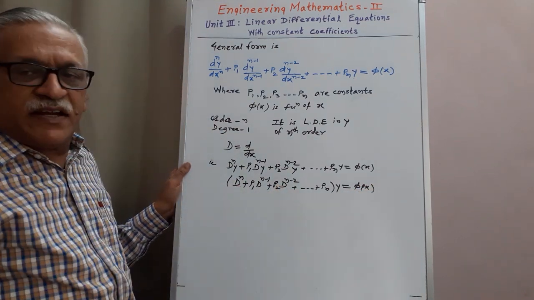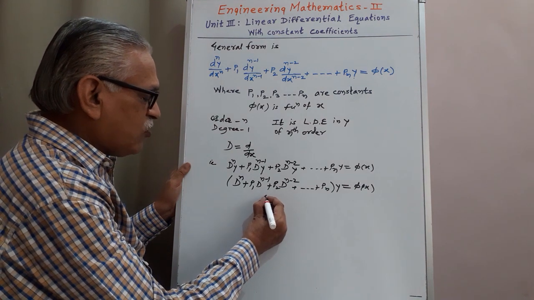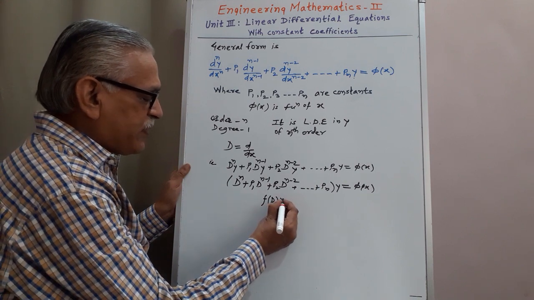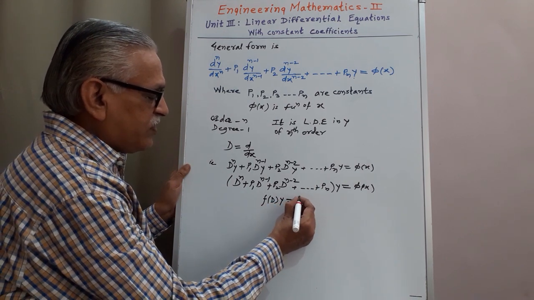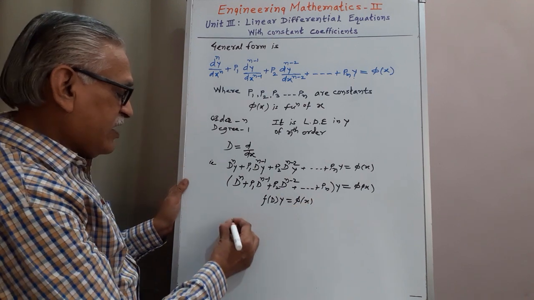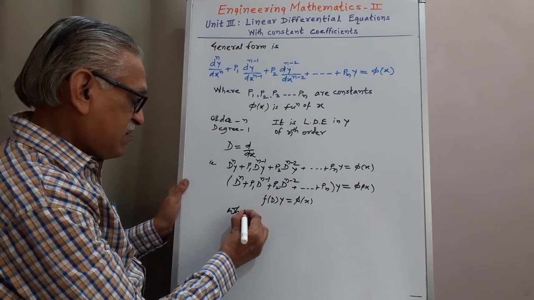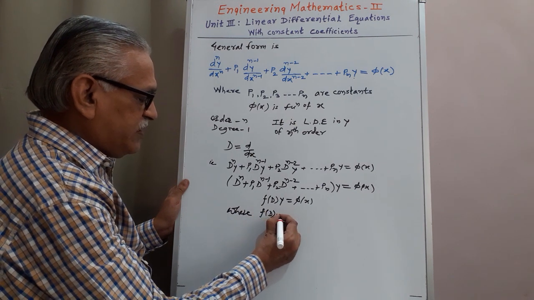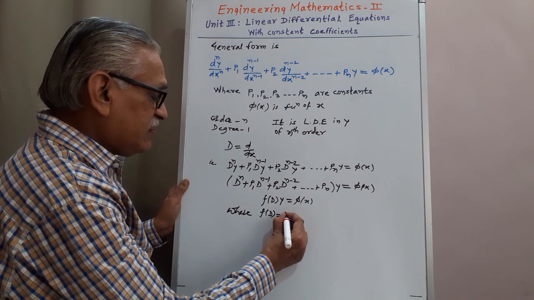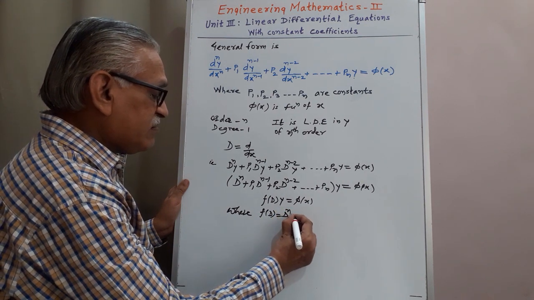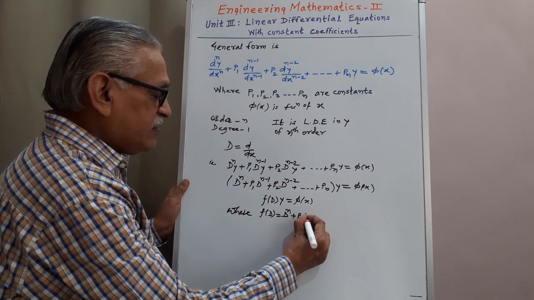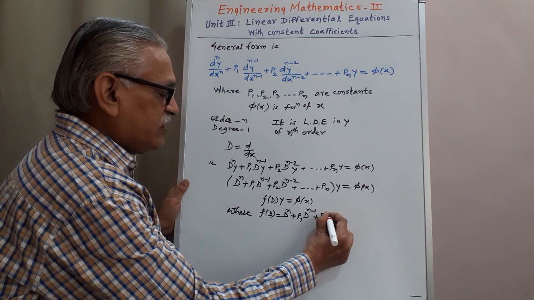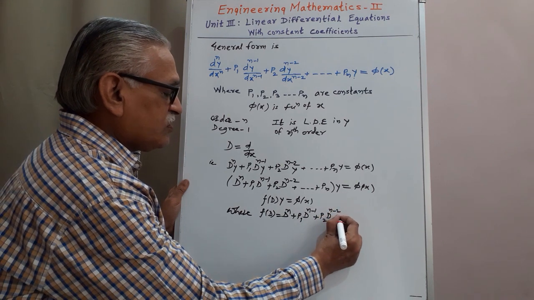The term in the bracket we call a polynomial in terms of D. Therefore, f of D operated on y equals some function of x, where f of D is a polynomial in terms of D, and that polynomial is D^n plus p1 D^(n minus 1) plus p2 D^(n minus 2), and so on.